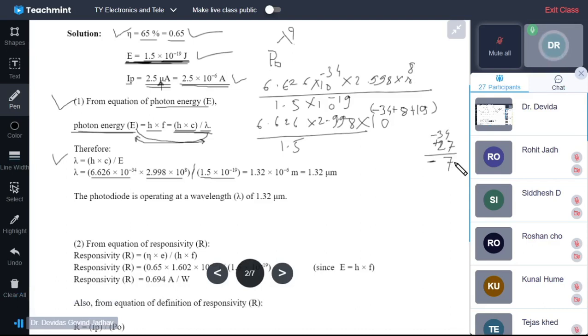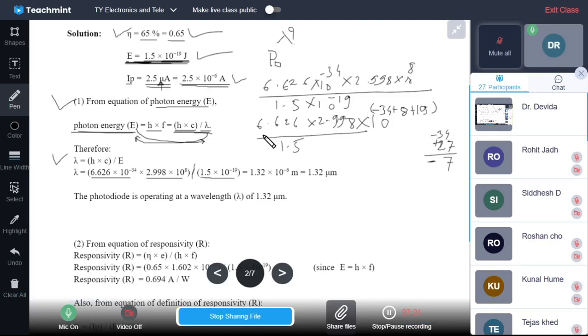Now simplify the rest with the help of a calculator: 6.626 into 2.998 divided by 1.5. How much does it come to? It comes as 13.2 multiplied by 10 raised to minus 7.